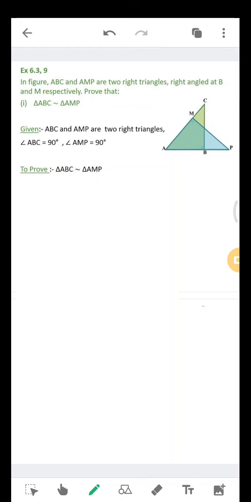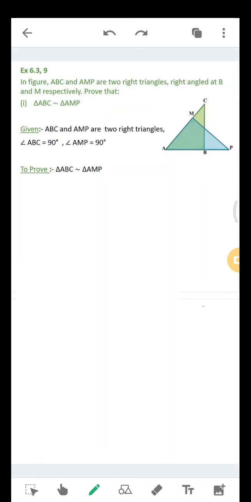So in question number 9 it's given that ABC and AMP, you can see the figure here, these two are right triangles.